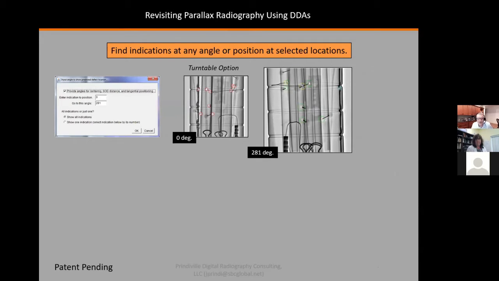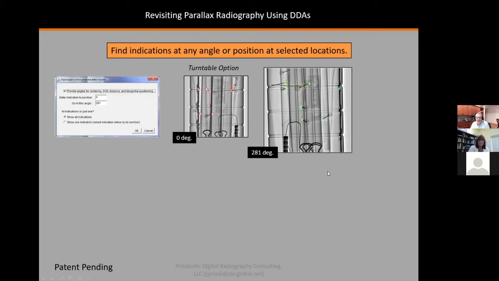Now if I want to find angular indications at any angle, I can say, go to indication number 9, and go to angle 281, but rather than just show 9, show all the indications at angle 281. So it goes to 281 and automatically flags where these things are.